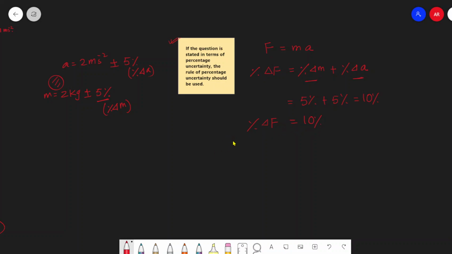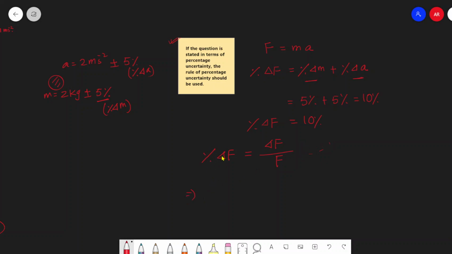And to get the absolute uncertainty of this force, we make use of the equation that percentage uncertainty is the absolute uncertainty divided by the force value. Since we have calculated the percentage uncertainty, which is 10%, we are going to substitute. Here we are not going to put times 100, so it is not going to be put right here.